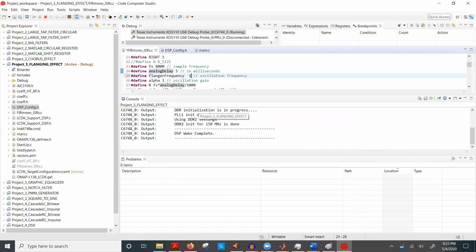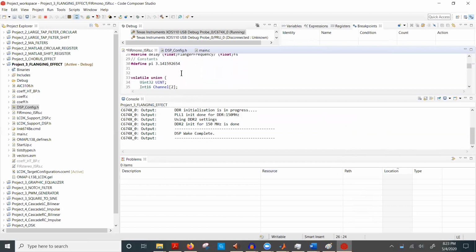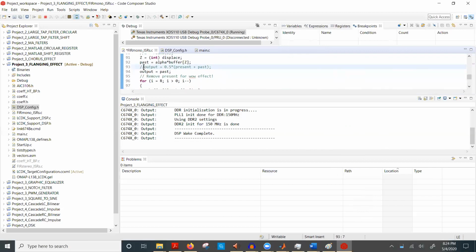And obviously change this flanger frequency. If I change this frequency to 1, then that'll make the oscillations appear slower. Let's say we have an analog delay at 20. Let's make the echoes a little quieter. And if I'm going to make the echoes quieter, I might as well turn off the wow effect so that I can hear the present value on top of the past value.